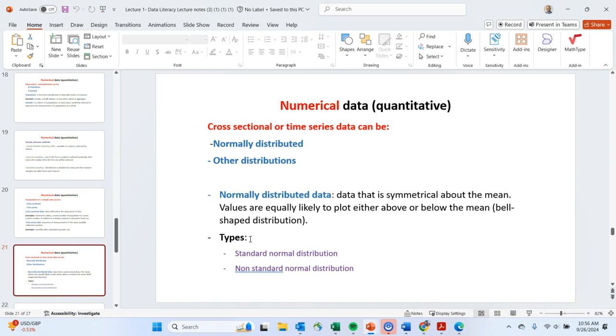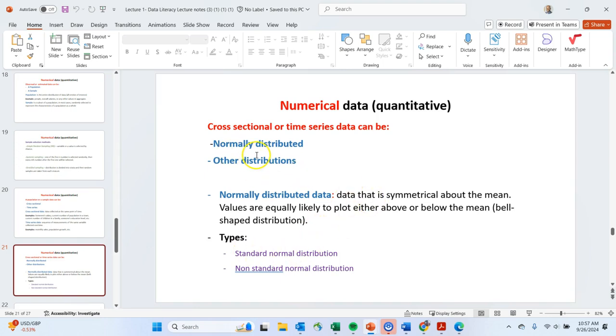And so when your data is normally distributed, we can use some statistical techniques that are based on the normal distribution. For instance, z-test or t-test. But if data skews to the right or to the left, we can use other kinds of statistical techniques or analysis. For instance, we can use chi-square or f-ratio.